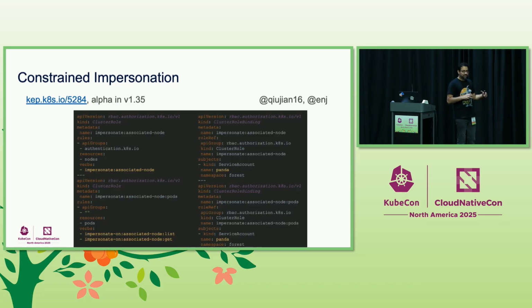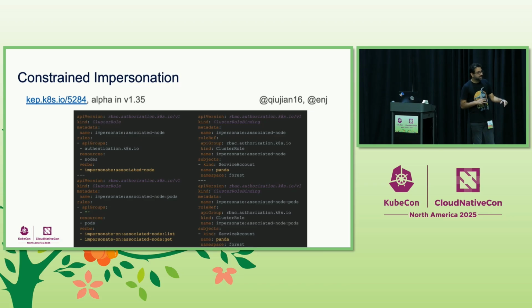And so what does this look like in practice for you, the end user? Right? So if you're familiar with impersonation, it uses the impersonate verb to echo that check, right? And so now what we have done is made it so that there's two authorization checks instead of one. The first one on the top there is the one that's basically saying, what impersonation mode are you in? And in this case, that service account is being allowed to impersonate nodes that it's associated with.